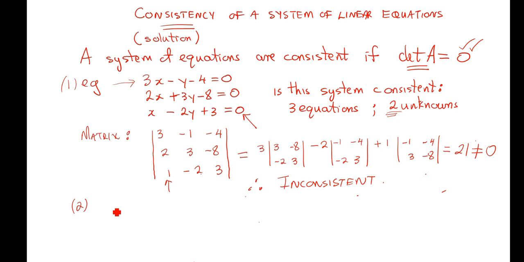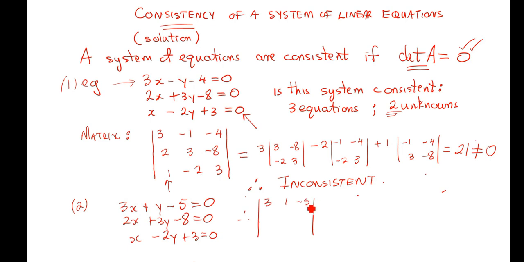Let's make that one the first example. The second example, the equations 3x plus y minus 5 equal to 0, 2x plus 3y minus 8 equal to 0, x minus 2y plus 3 equal to 0. What's the matrix? It will be 3, 1, minus 5, 2, 3, minus 8, 1, minus 2, 3.